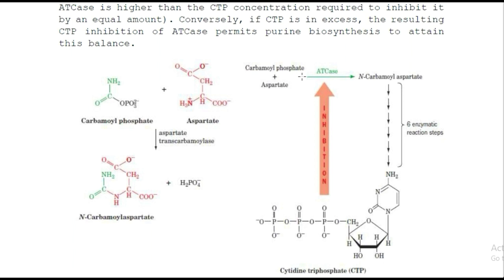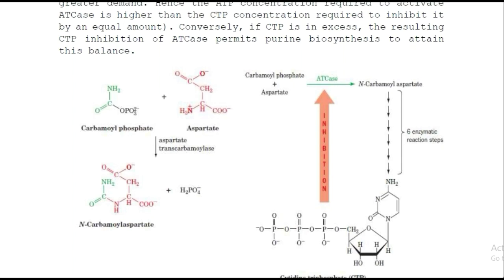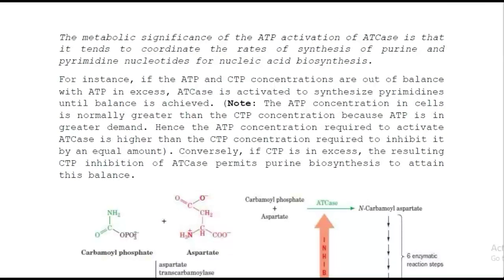Now this enzyme is very important for the balance between the pyrimidines and the purines. When the pyrimidine pool is sufficient, cytidine triphosphate inhibits the enzyme. When the pool of purines is low, then ATP goes to activate it for further production.